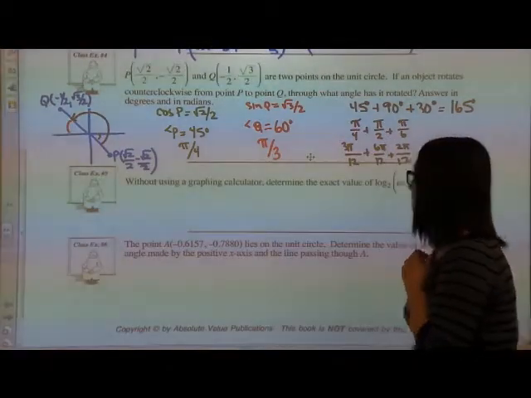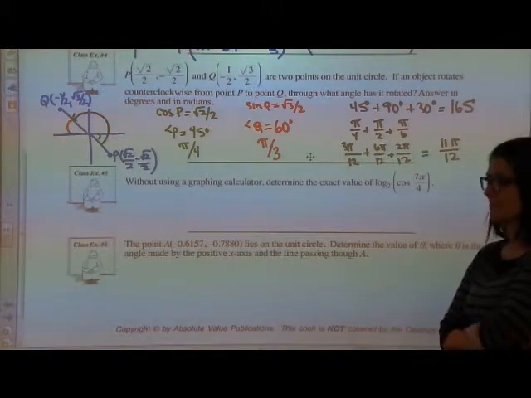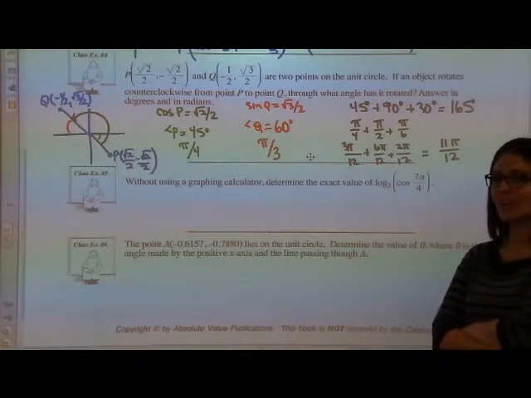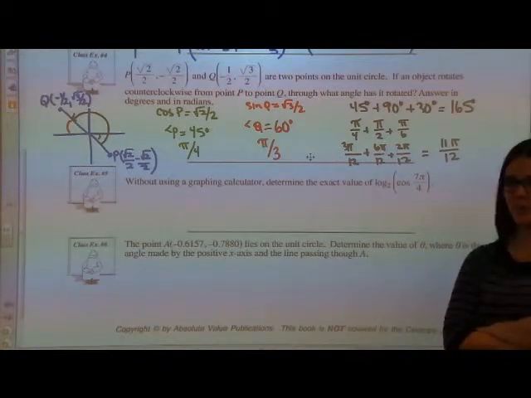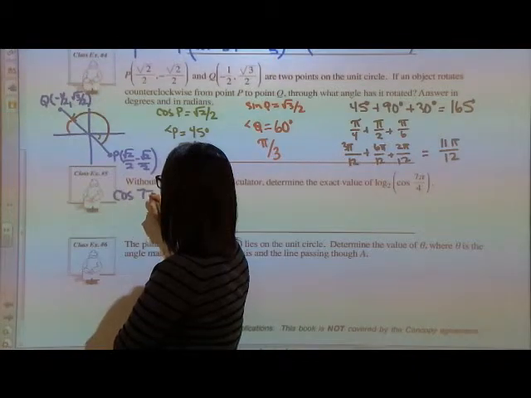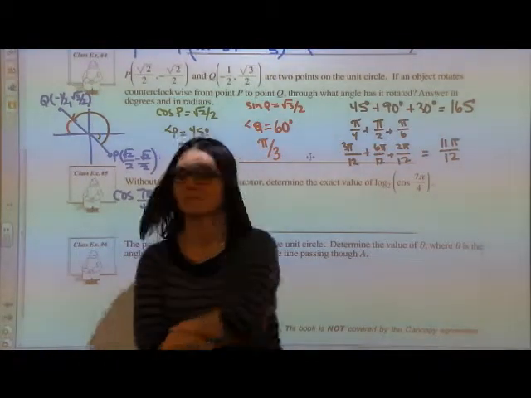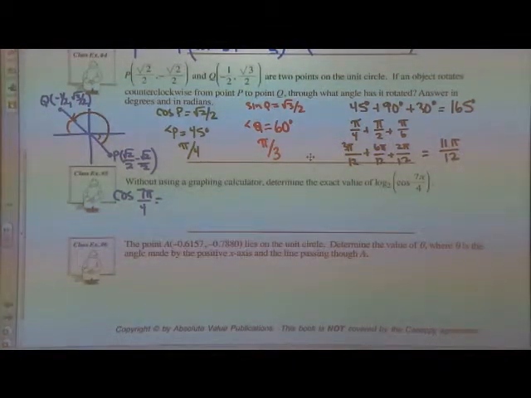Okay. Without using a graphing calculator, determine the exact value of log base 2 of cos 7 pi over 4. Again, there's not a part of the test where the calculator is taken away from you. So cos 7 pi over 4 equals what? Negative 1/4.